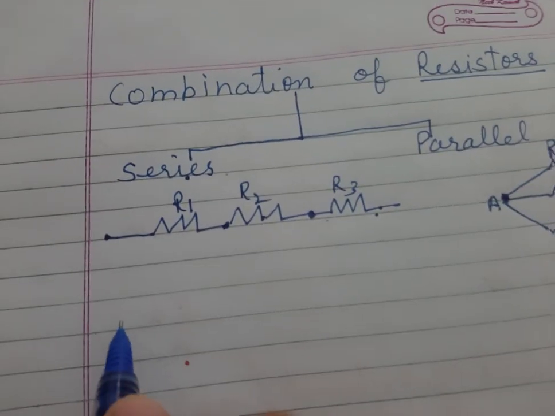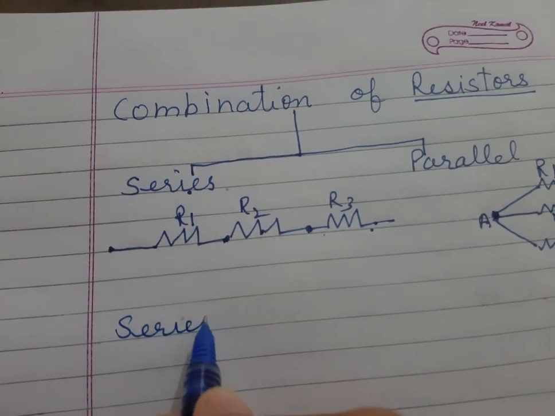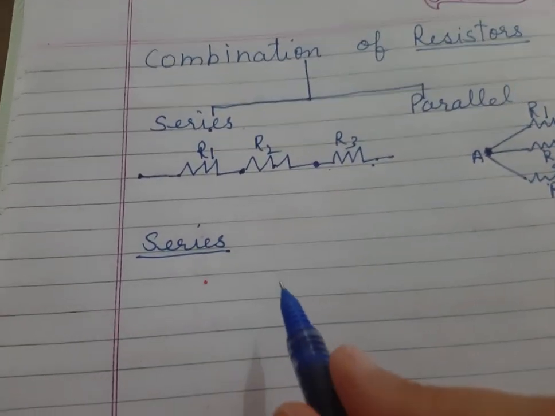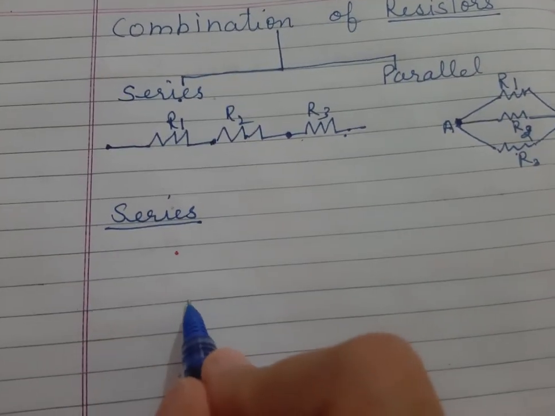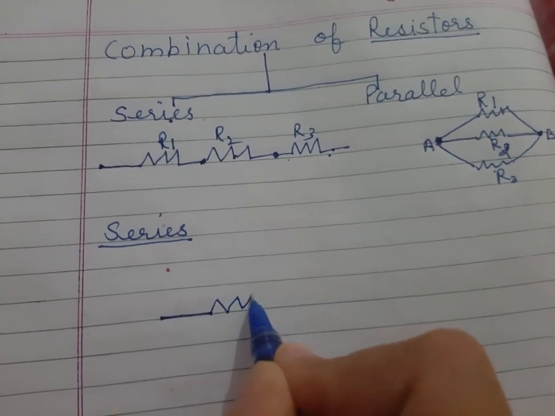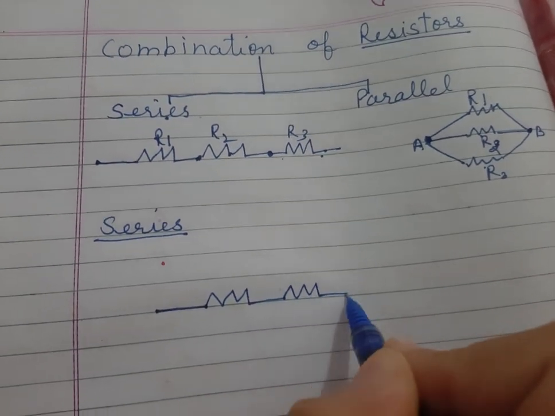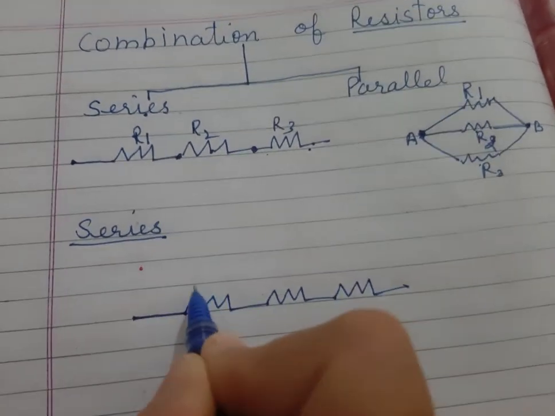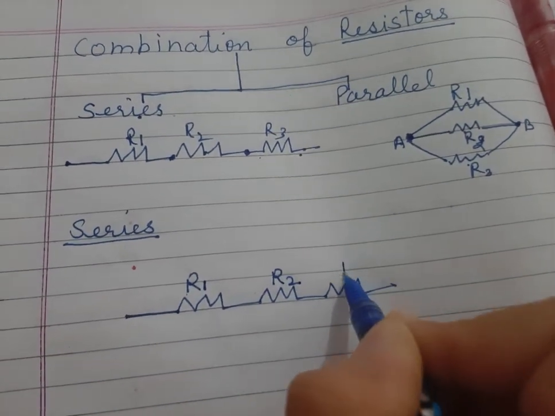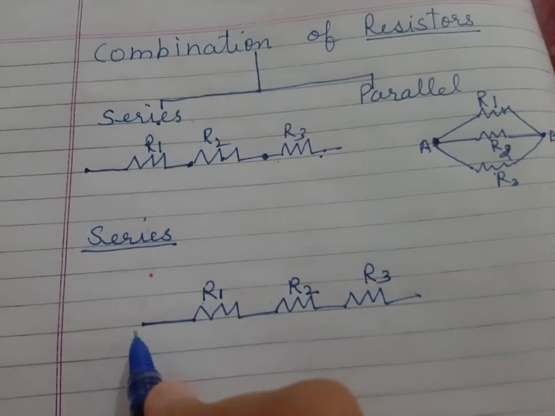First we will study the series combination of resistors. For this, first I am drawing a circuit diagram. Suppose we have 3 resistors connected in series. The resistance of the first one is R1, the second is R2 and the third is R3.